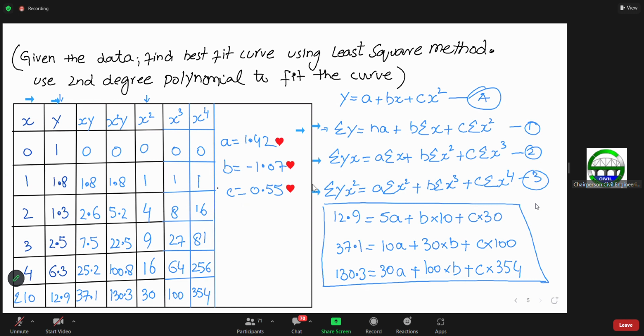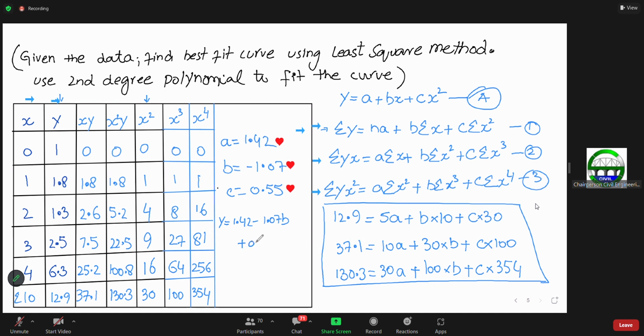Okay, now let me write the final equation. The final equation will be y is equals to a, which is 1.42, plus b, it will be minus, so let's go with the minus 1.07, b plus cx squared. And what is the value of c?